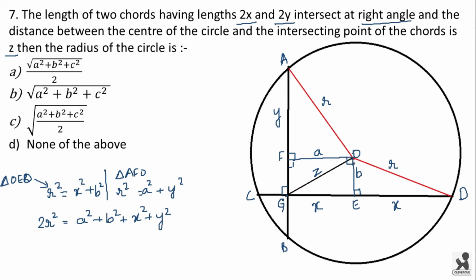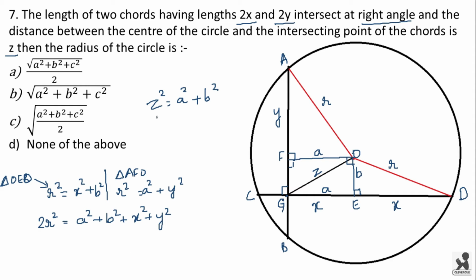And we also know that EO is parallel to AB and CD is parallel to FD. So the length of GE will be equal to FO, that is a, and OE, the length is b. And now we have z square is equal to a square plus b square.